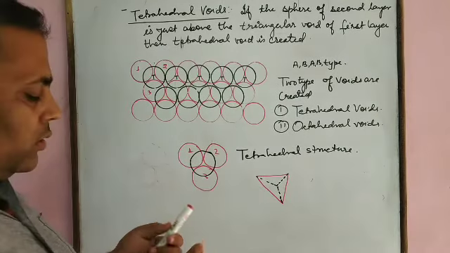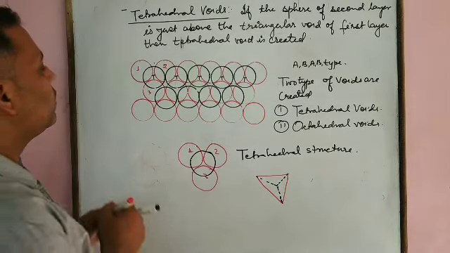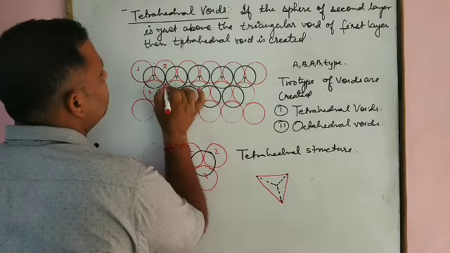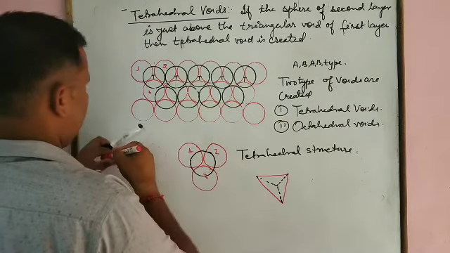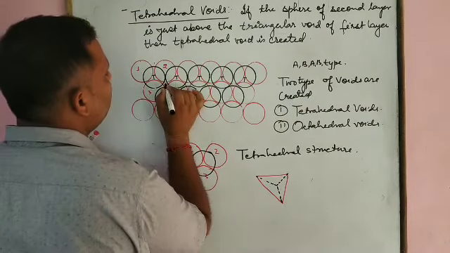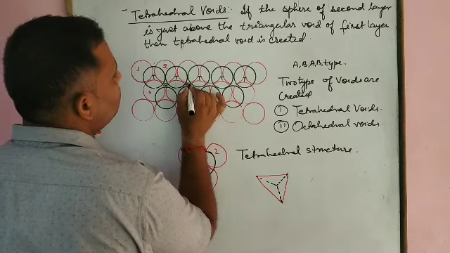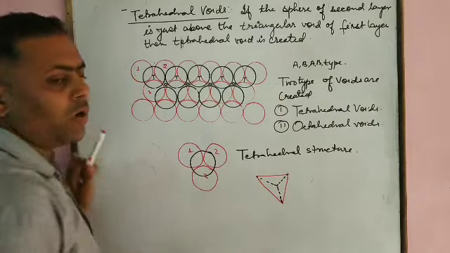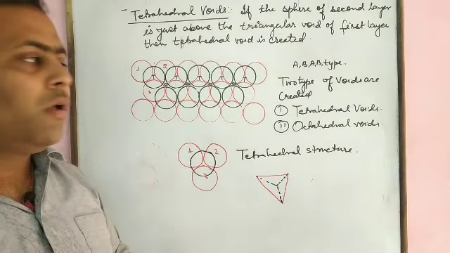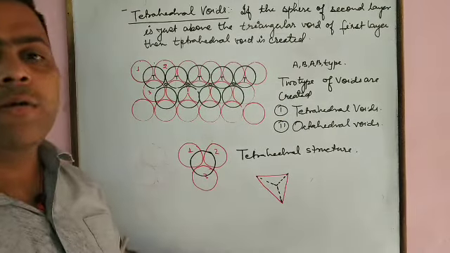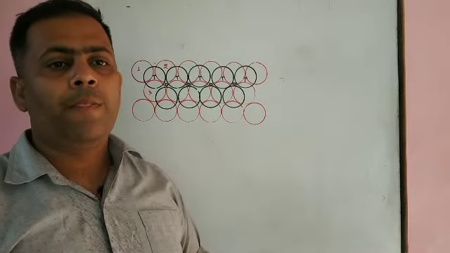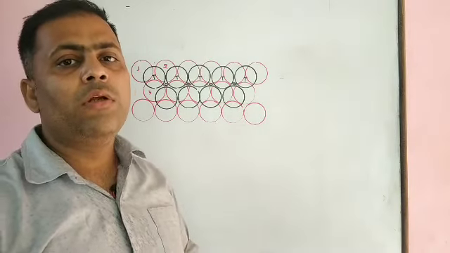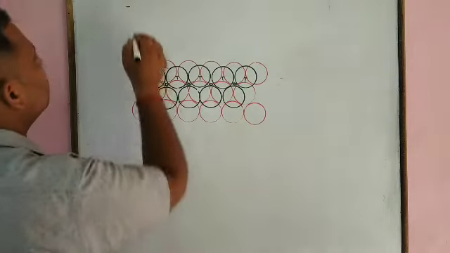In that case, these are the octahedral voids: this one is O, this one is O, this one is O, this one is O, and so on. Clear? Let us discuss the octahedral voids.